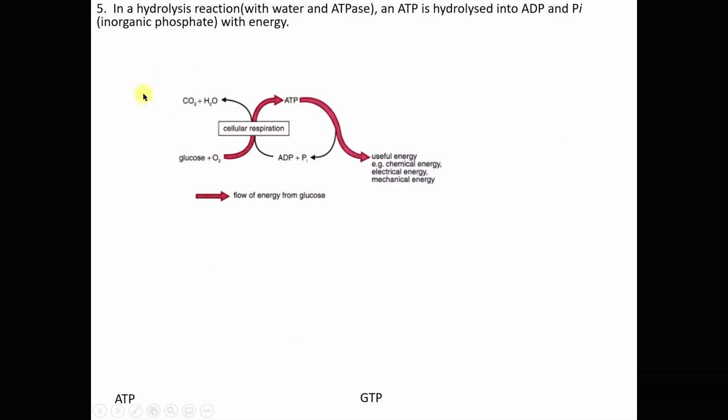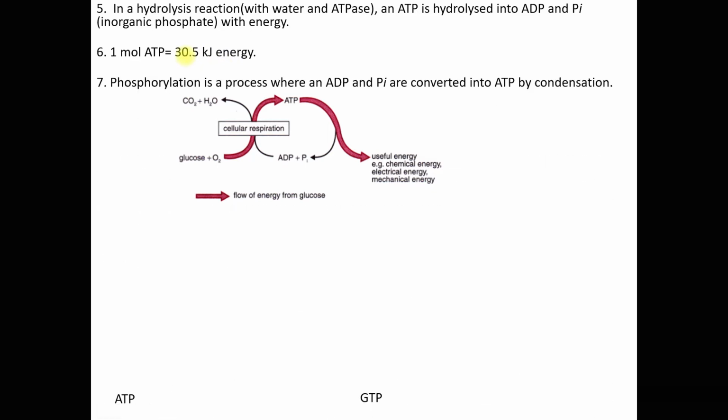In a hydrolysis reaction, an ATP is hydrolyzed into ADP and Pi, or inorganic phosphate, with energy being released. One mole of ATP is equivalent to 30.5 kilojoules of energy.